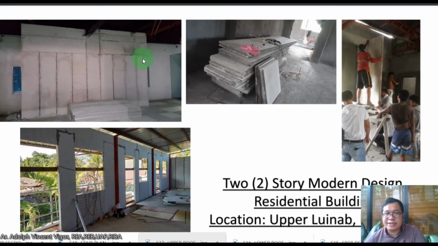So when you install, class, as you can see when you do your traditional CHB, you have to pile it layer by layer. But with the fast wall system, I think they could just install around 36 square meters in a day or two, which makes it faster. And then another advantage is that when using this system, you don't need to add the plastering anymore. Then you won't have the problems of hairline cracks.